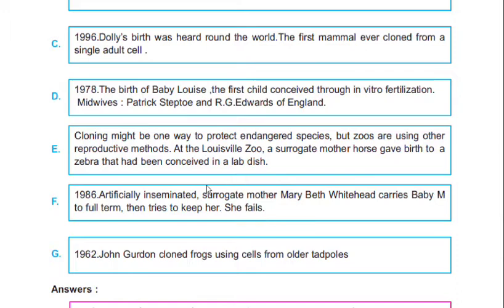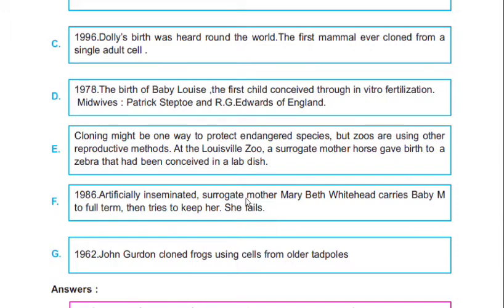Surrogate mothers are not supposed to keep the children they give birth to, and that's what Mary Beth, the surrogate mother, tried to do, and she failed, probably because the biological mother tried to sue her in court, and the judge obliged her to give the child back to his biological mother.